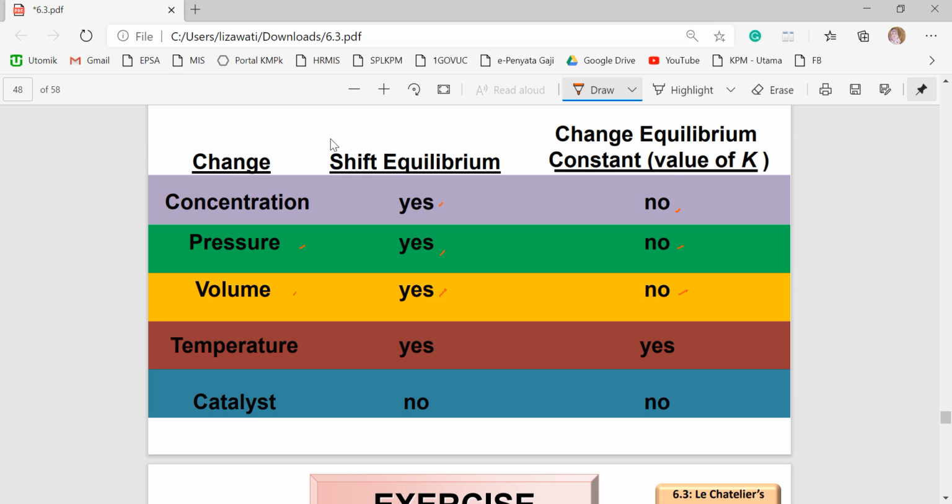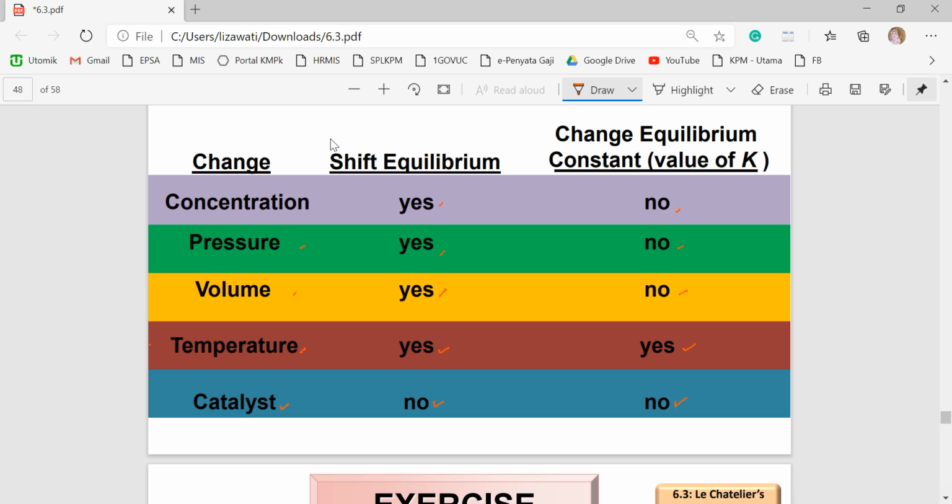For temperature, when there is a change in temperature, either an increase or a decrease, the equilibrium position will shift and it will affect the value of K. And for the catalyst, when we add a catalyst, there is no change in the equilibrium position and the value of K remains constant.